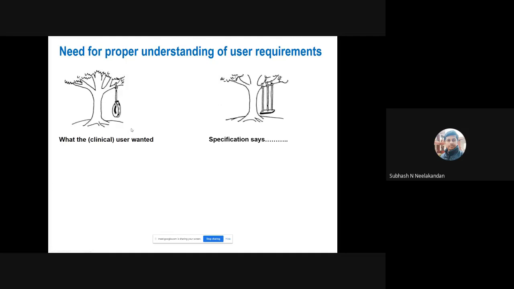If this miscommunication continues down the line, finally the device will be like this. Whereas the engineer says, yeah, all the components which were mentioned by the clinical person are there. It has the rope, it has the seat, but finally when we go back to the clinical side, it may not be working.